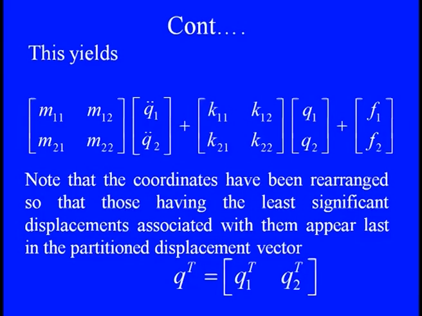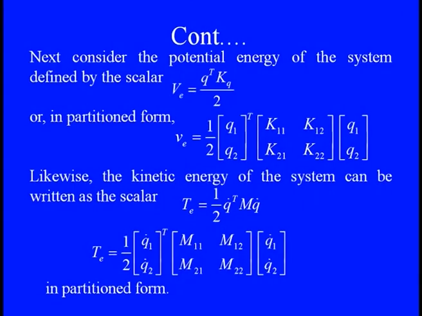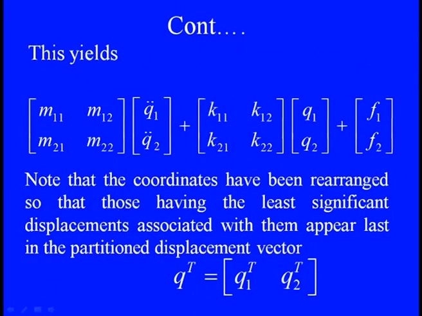The partitioned displacement vector Q of t equals Q1 transpose and Q2 transpose. Then we can consider the potential energy of the system, the scalar quantity V of E, in terms of Q of t, as we discussed previously.